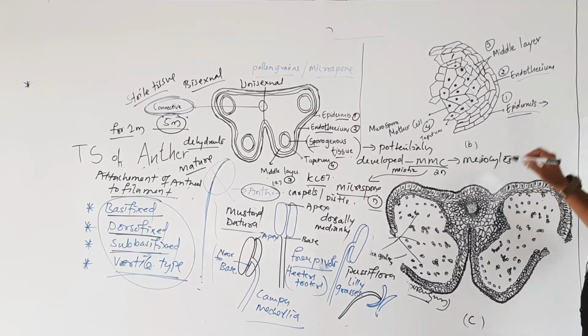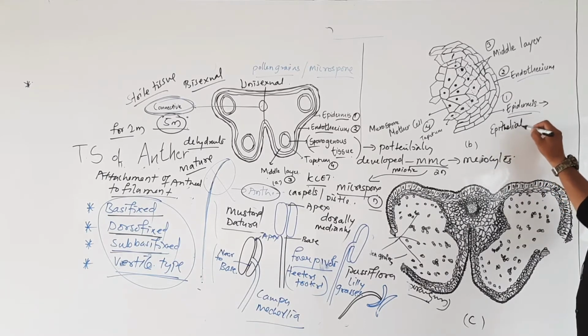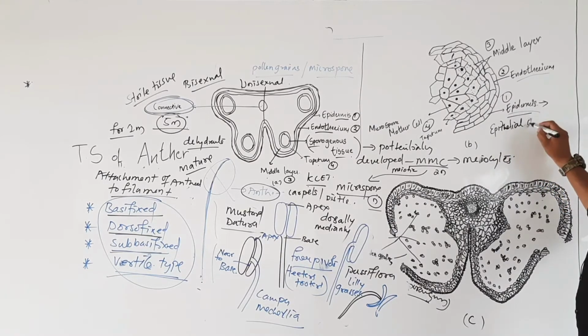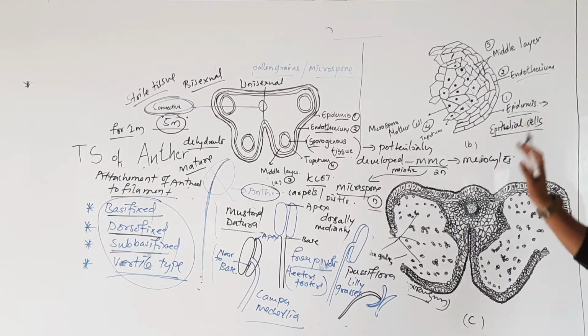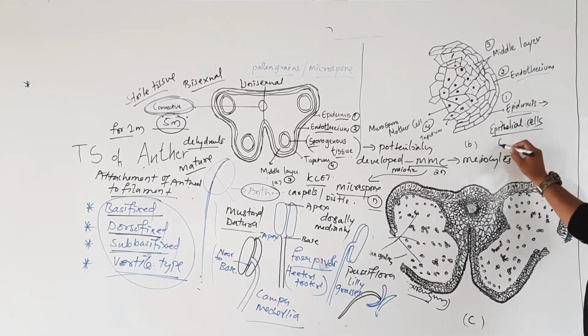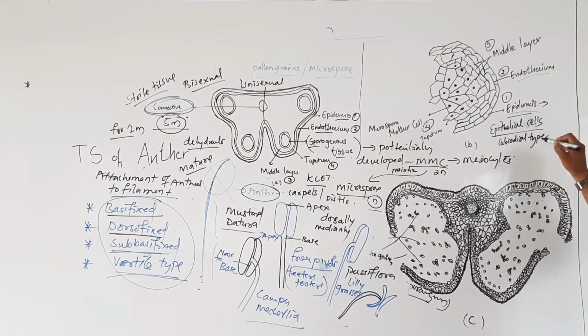This epidermis is made of epithelial cells. This is the outermost layer in a particular microsporangium. These epithelial cells are a little bit cuboidal.